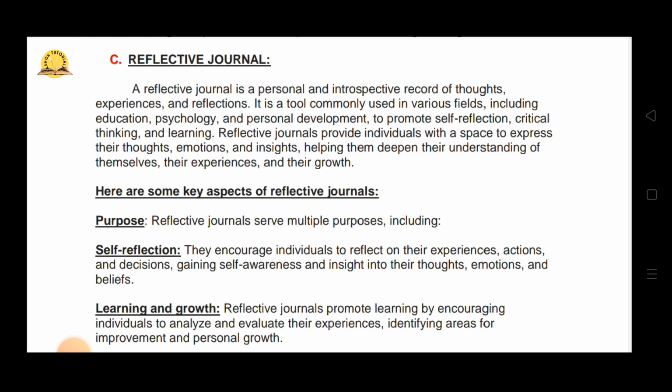From there you have to choose one correct option. So this reflective journal provides information about an individual's thoughts, the emotions one undergoes and the insights one is having. Right, so it is one of the best ways to understand all these aspects or domains of life.